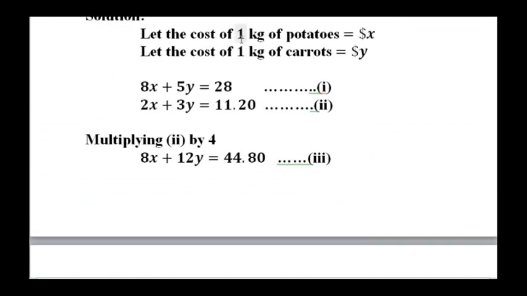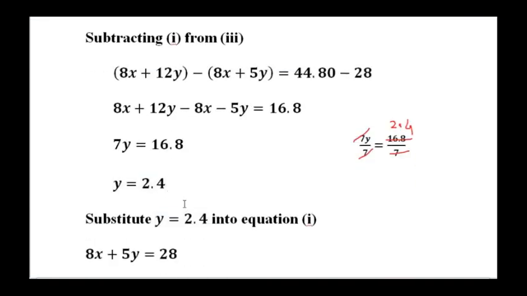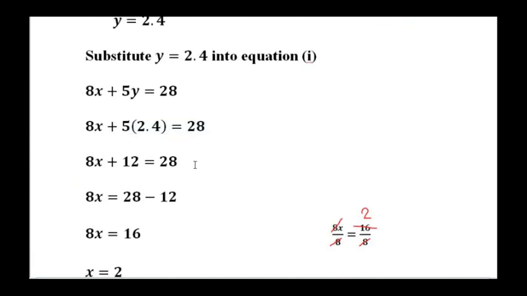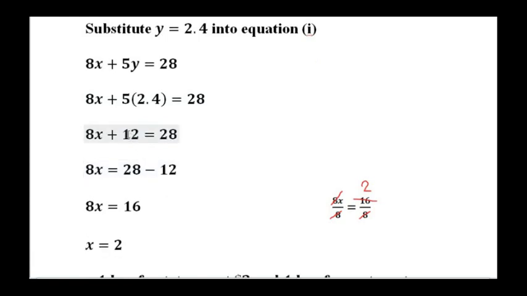To find the cost of 1 kilogram of potatoes, I will substitute y equals 2.4 in equation 1. Our equation 1, 8x plus 5y equals 28, becomes 8x plus 5 into 2.4 equals 28. 5 times 2.4 is 12. And to simplify this resulting expression, I'll subtract 12 from both sides of this equation.